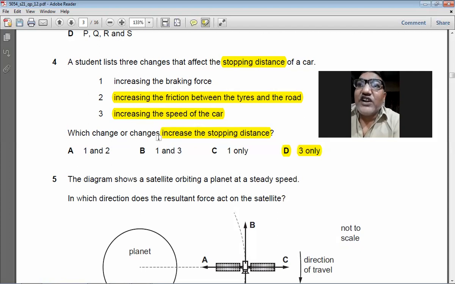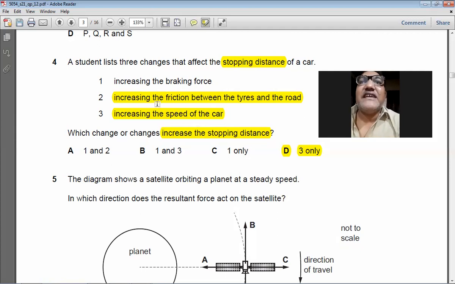This wording is very tricky. You see, increasing the braking force, that decreases the stopping distance. Increasing the friction between the tires and the road, that decreases the stopping distance. Increasing the speed of the car, that will increase the stopping distance. And we were looking for that factor which will increase the stopping distance. So 3 only is that factor.